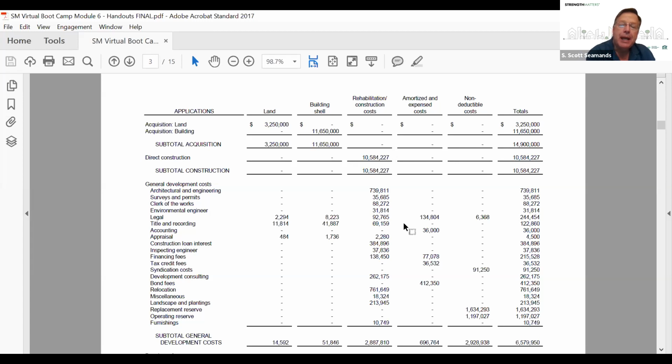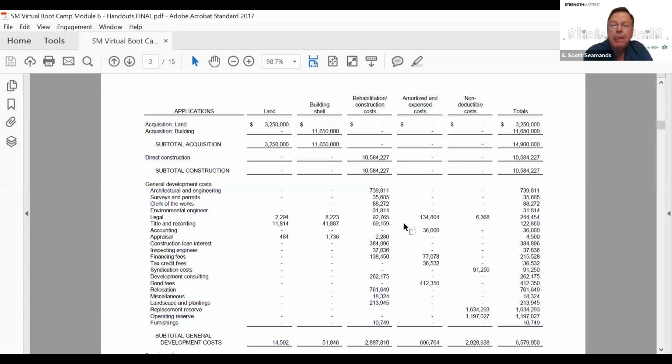And then after the construction is done, the auditor has to express an opinion that these costs reflect the actual costs and the categories are appropriate. So it should be similar to the original, but not exactly the same, because actual costs never equal budgeted costs.